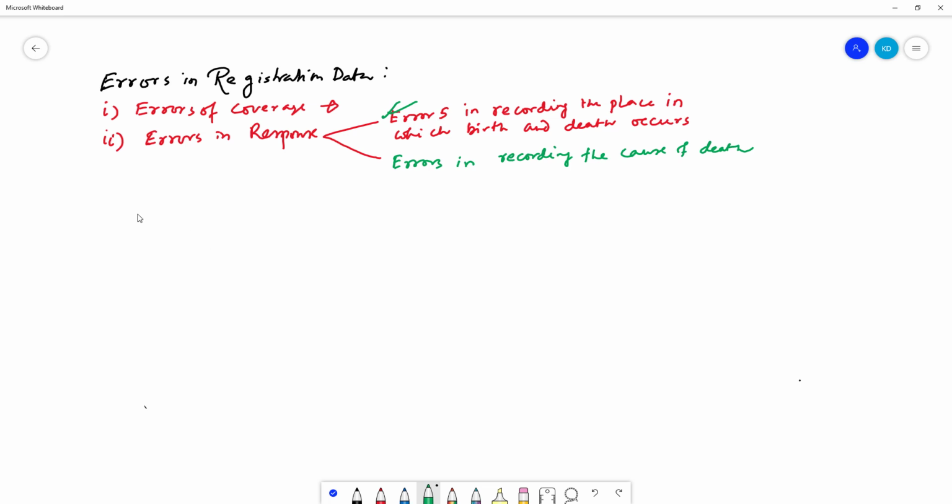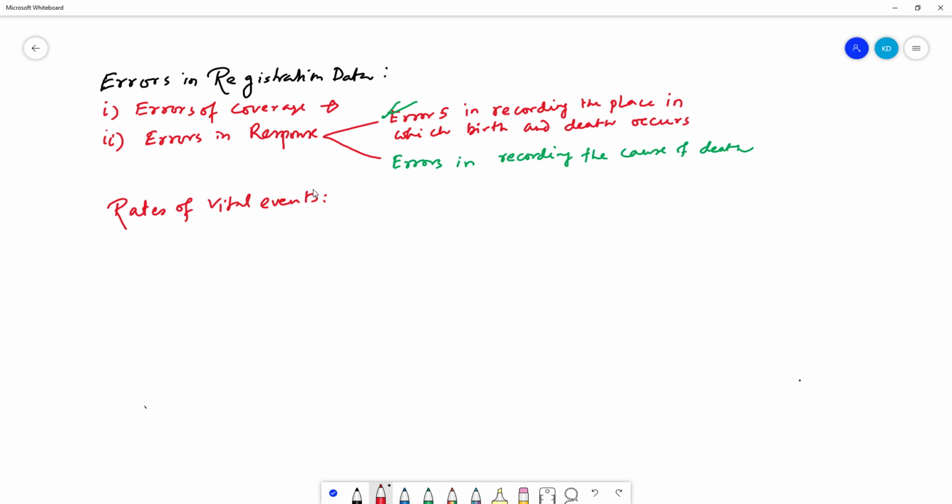Now, rates of vital events. The raw data on vital statistics, which are generally classified according to different characters, say age, sex, occupation, religion, etc., are given in the form of a frequency table, but these frequency values alone will not be enough for a statistical study in population statistics.